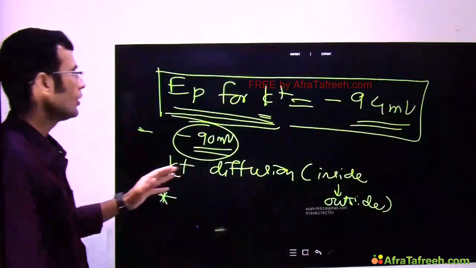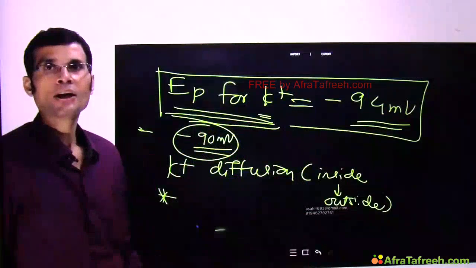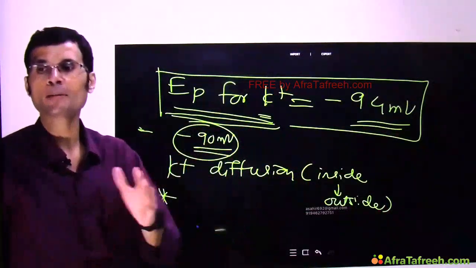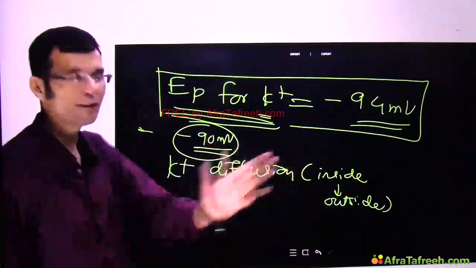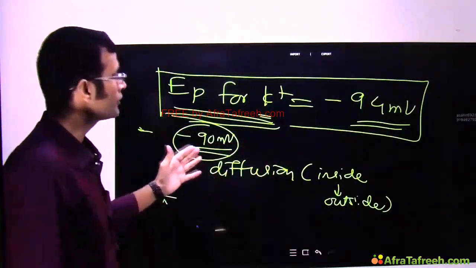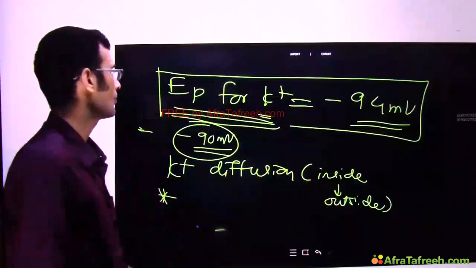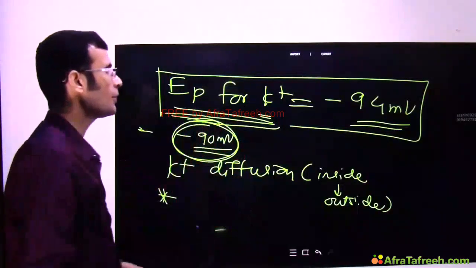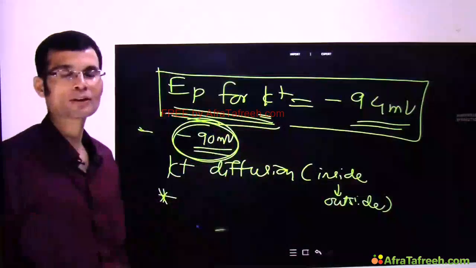And therefore, as the potassium is reaching equilibrium, it drags the membrane potential towards its own equilibrium potential. And that's how membrane potential, RMP, is a value which is close to the equilibrium potential for potassium.